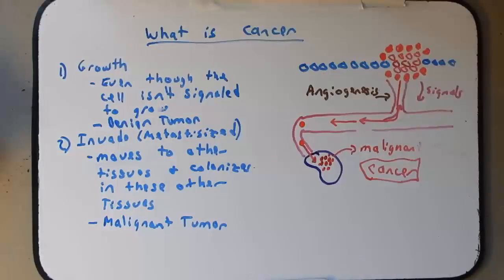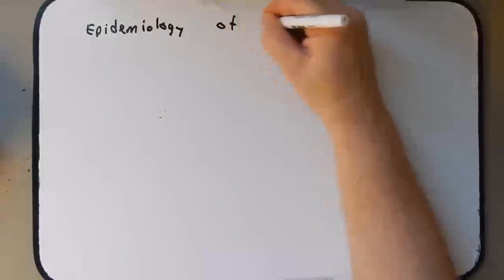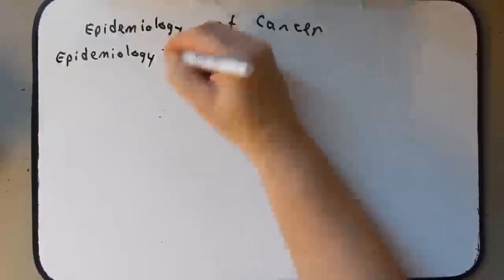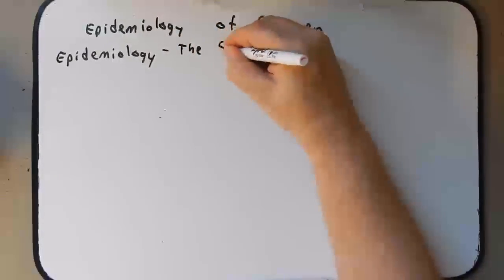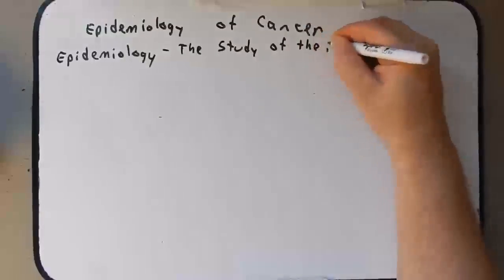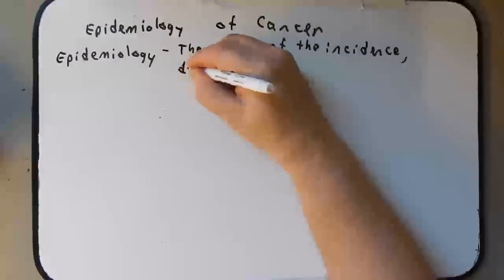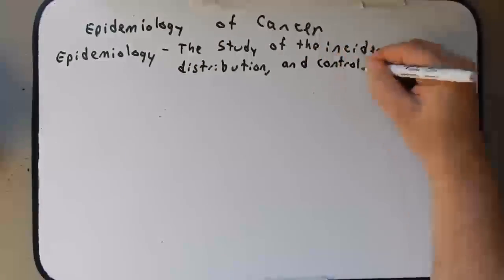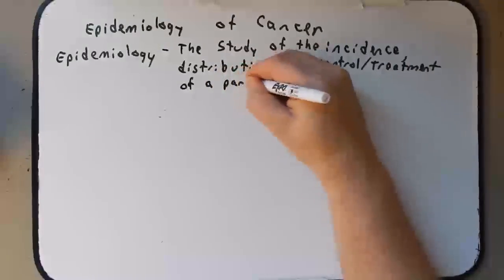But now I want to talk about epidemiology. So epidemiology of cancer. I think it's probably a good idea to first define epidemiology. Epidemiology is the study of the incidence, distribution, and control, or maybe treatment, of a particular disease.